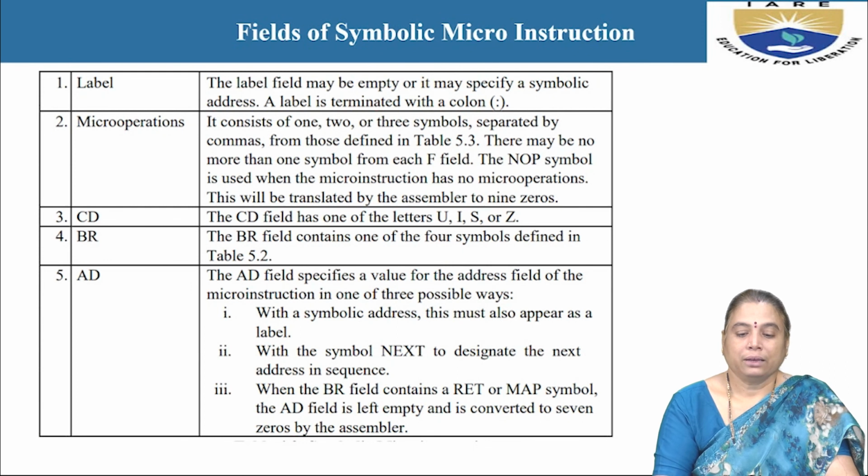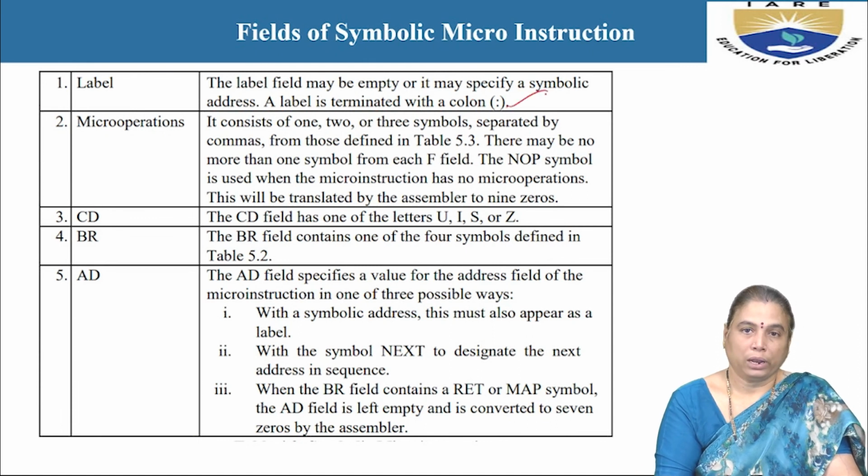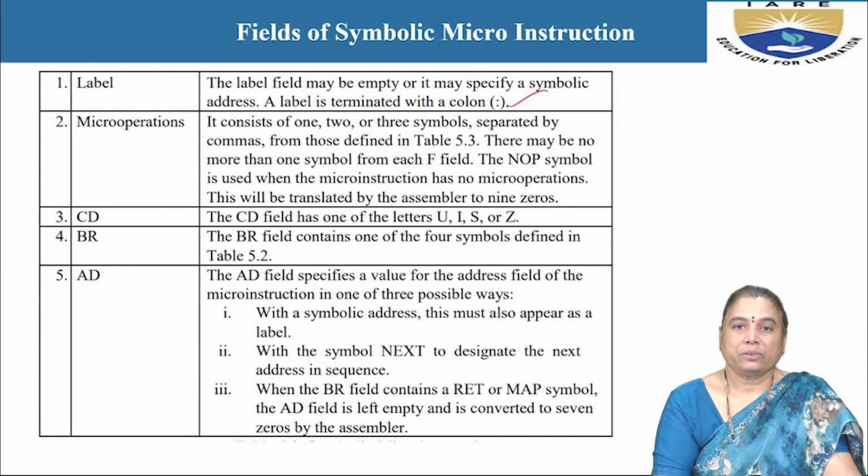The label field can be empty, or it can specify a symbolic address. So here the label can be any user defined name and can be terminated with a colon. This label can generally be used in the jump instructions to transfer the control to the specific label.